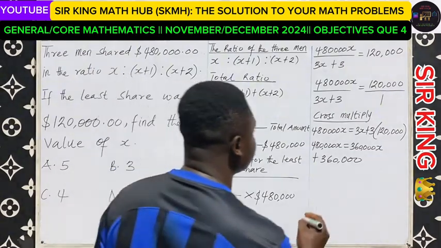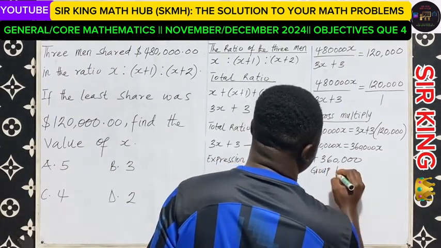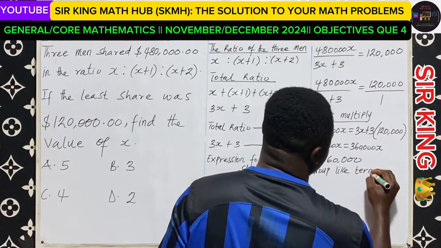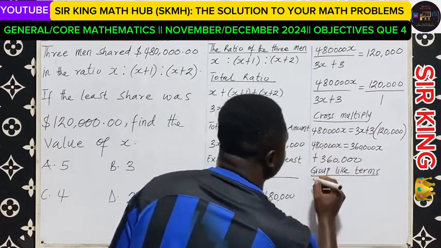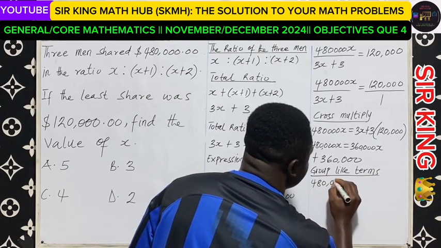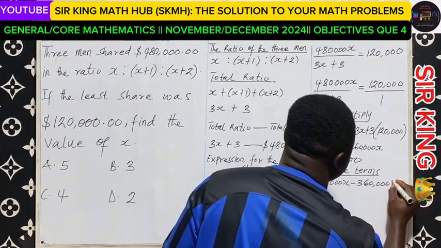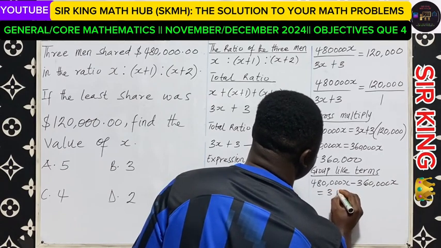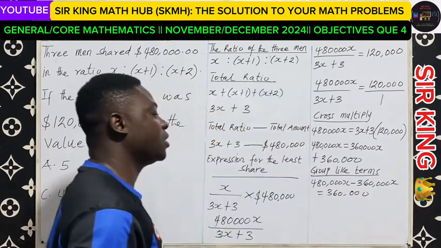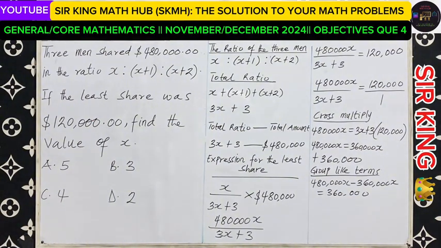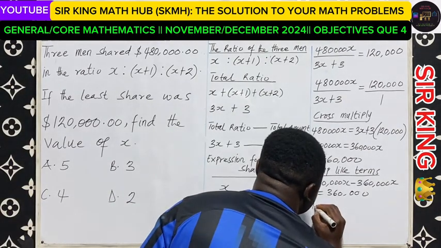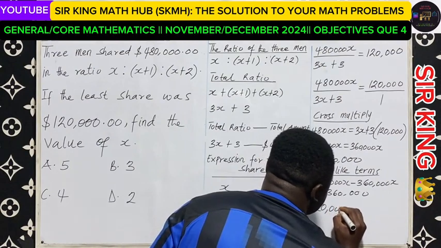So let's group like terms. We have 480,000x minus 360,000x.